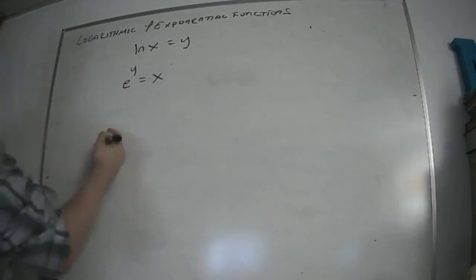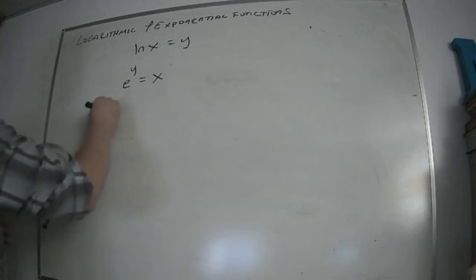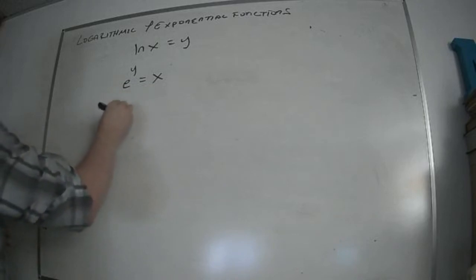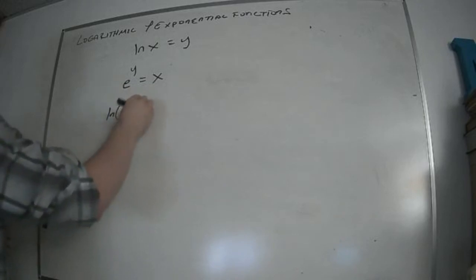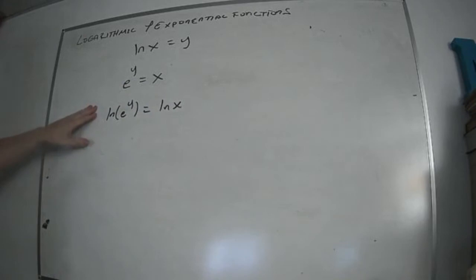And algebraically, what you do is you say, well, I can say that the ln of e to the y equals ln of x. Right. Same as I could multiply both sides by 1. I could multiply both sides by a common factor or divide by a common factor. I can multiply by a conjugate.